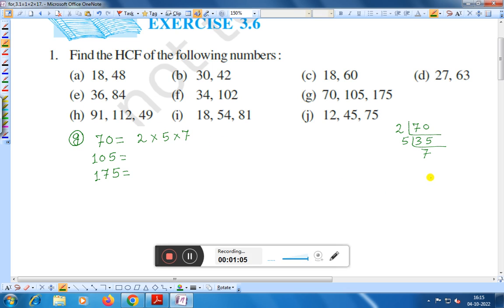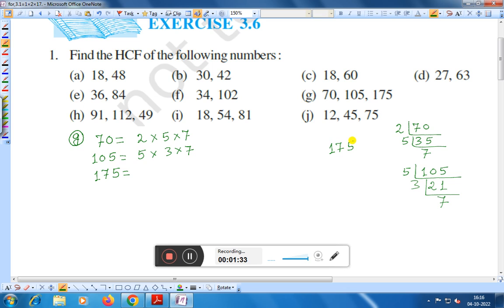Now 105: we divide it by 5, and 5 times 21 is 105. Dividing 21 by 3, 3 times 7 is 21. That is 5 into 3 into 7.